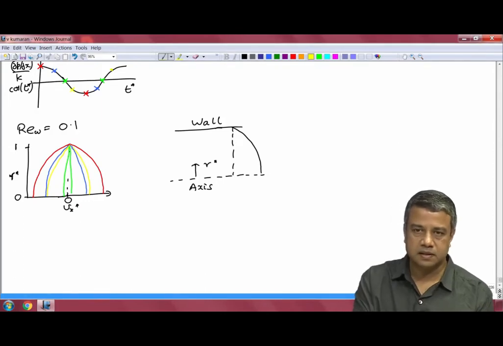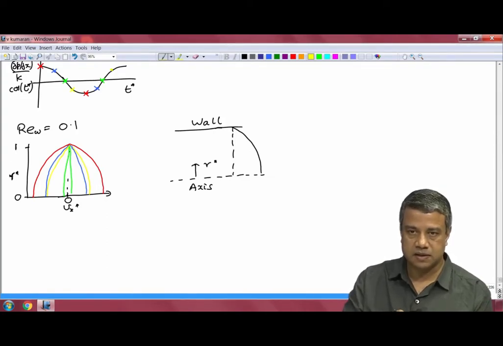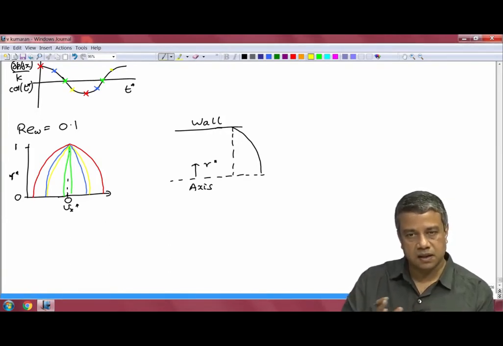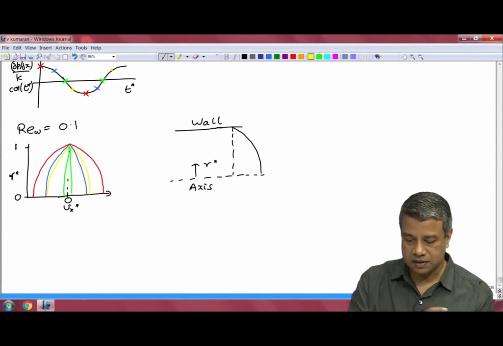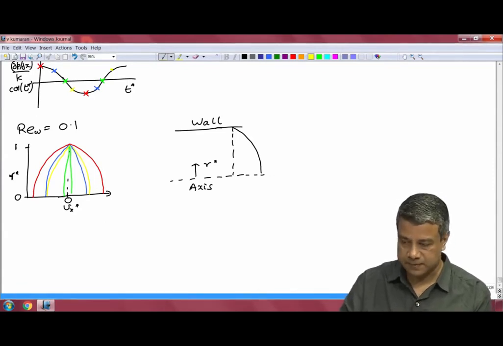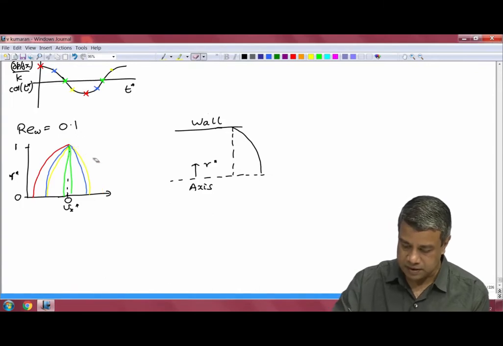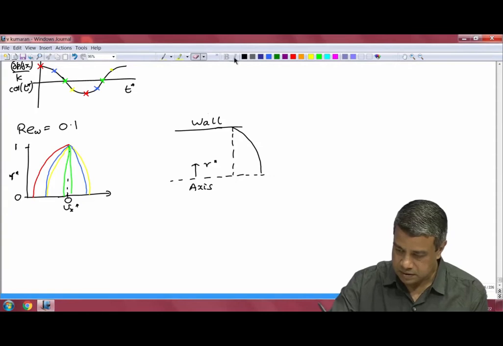When the pressure is a maximum positive gradient, that means that the pressure increases with downstream distance. The outlet pressure on the right side is higher than the pressure on the left side, and that means that the flow is in the negative direction, and that is this first red curve here. On the other part of the cycle, I will plot it with dashed lines, so that there is no confusion.